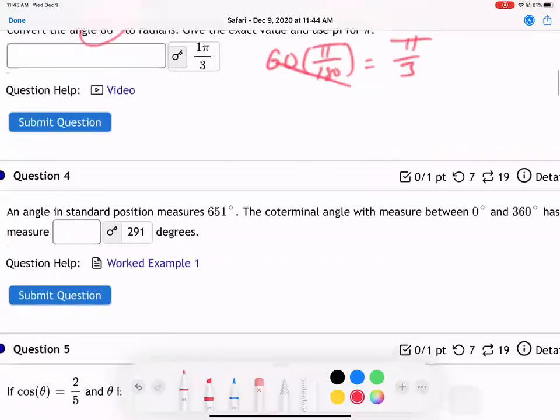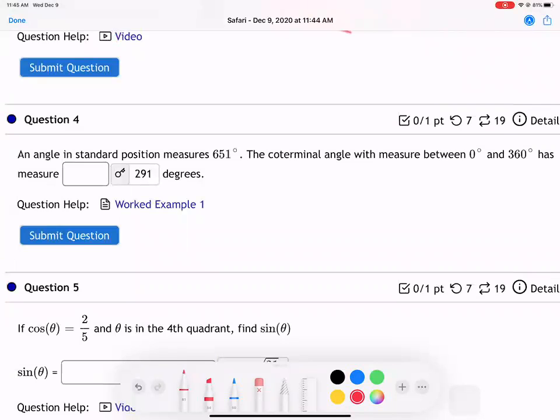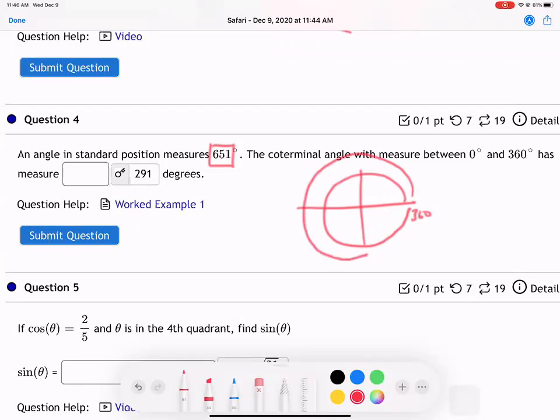Okay. An angle in standard position, 651 degrees, what is coterminal between 0 and 360? So how do I get from 651 to something in my unit circle? Well, if I just go 360, and if I keep going, where would 651 be? So we just say 651 minus 360.